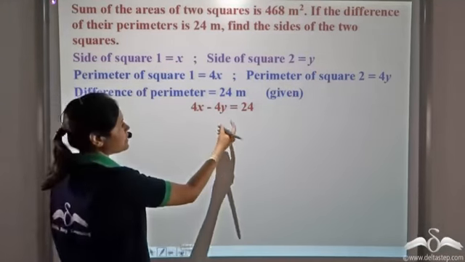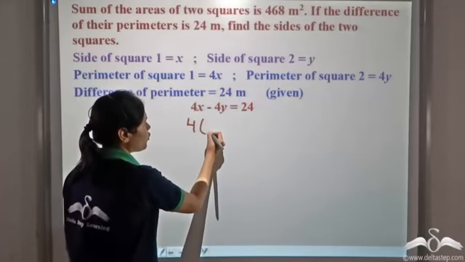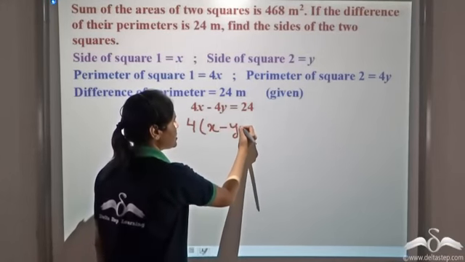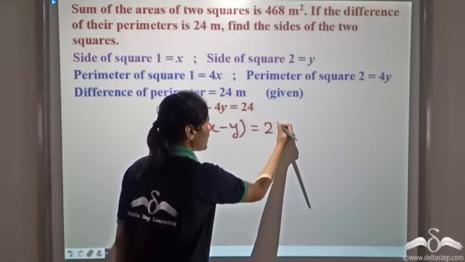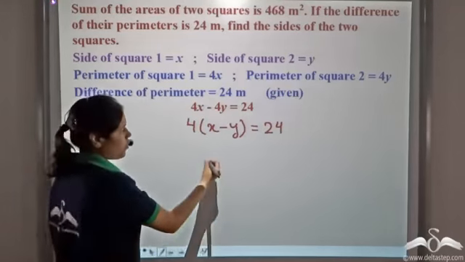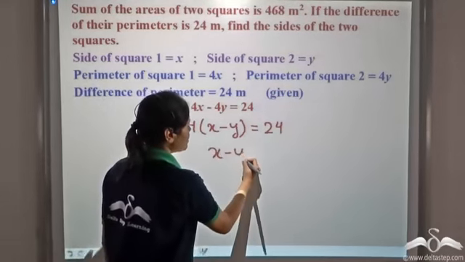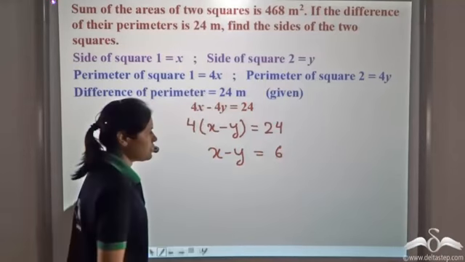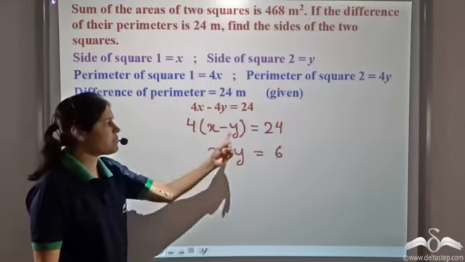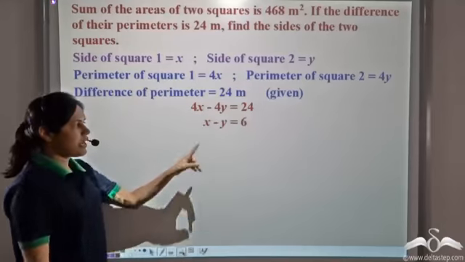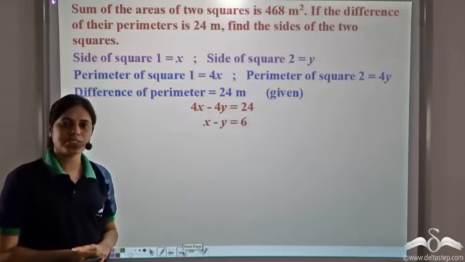Now 4x minus 4y, we can take 4 common. We get 4 into (x minus y) equal to 24. We divide both the sides by 4 to get x minus y equal to 6.